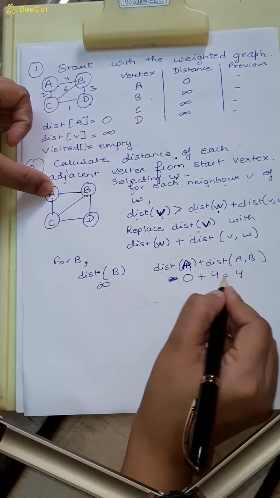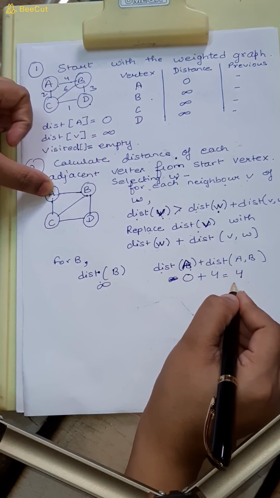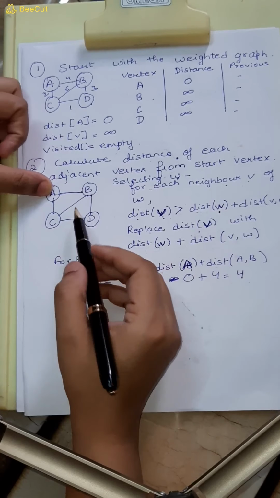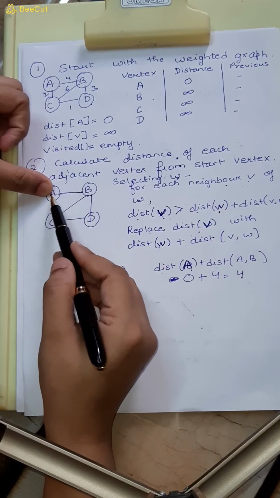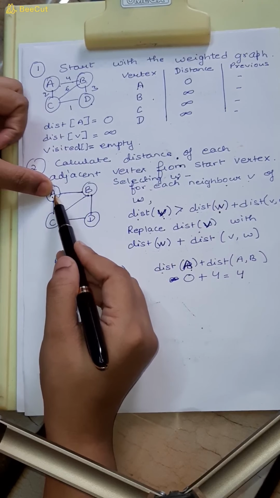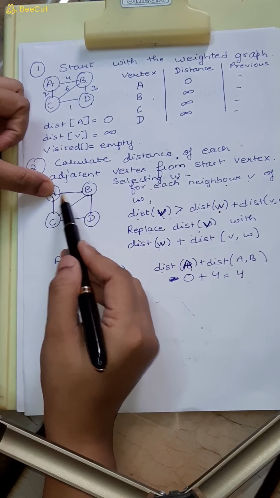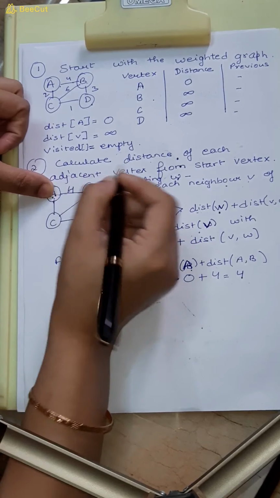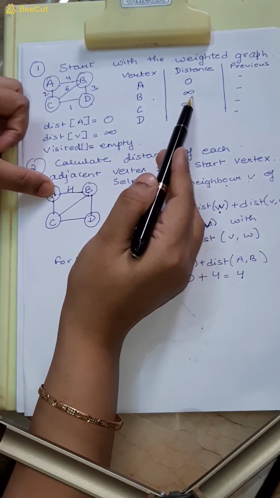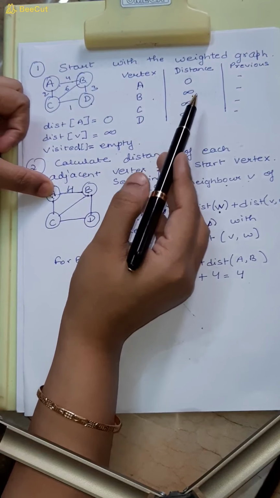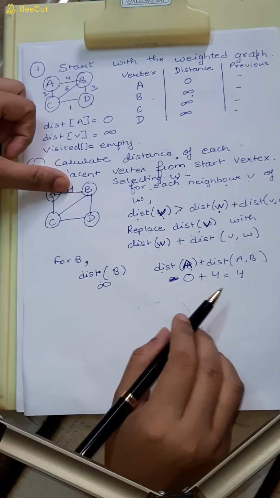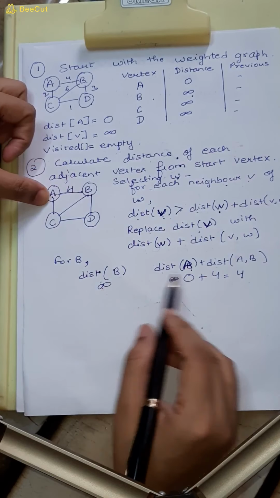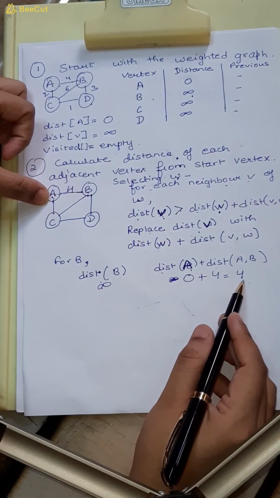Now if you compare these two values, the distance of B, that means if we reach B via A, then A is the source vertex, and from A to B the distance is 4. Initially we took it as infinite because the shortest path was not known, but now it is 4, so in this case we can replace it with 4. Infinity can be replaced by 4 because 4 is less.